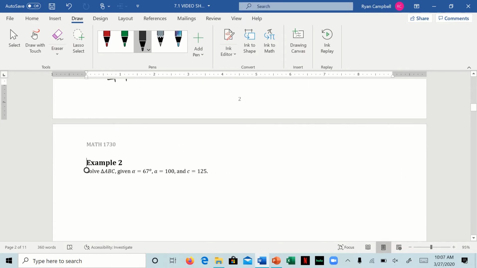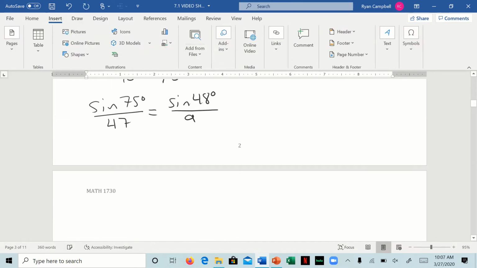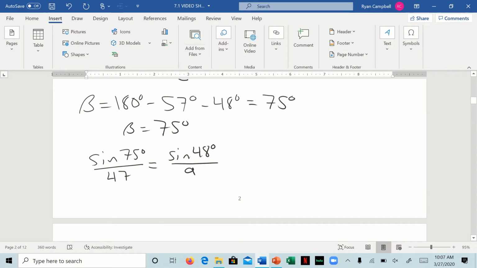Let's make some extra room. We're probably going to need it. There we go. All right. How do you solve for A? Well, you can multiply. So A times sine of 75 degrees over 47 equals sine of 48 degrees. If you want to do it individually, we can just multiply everything by 47.